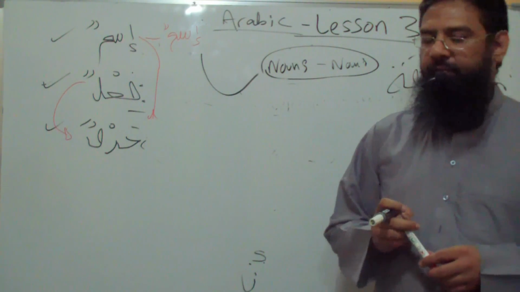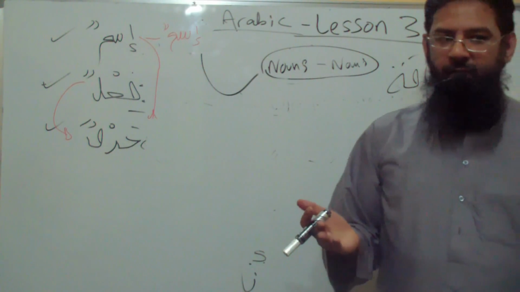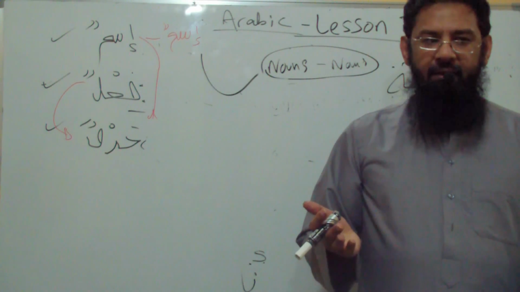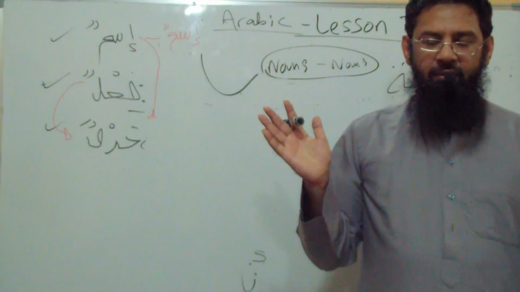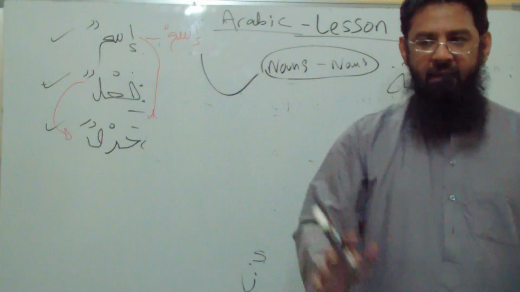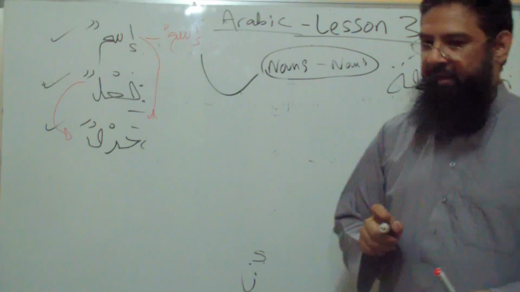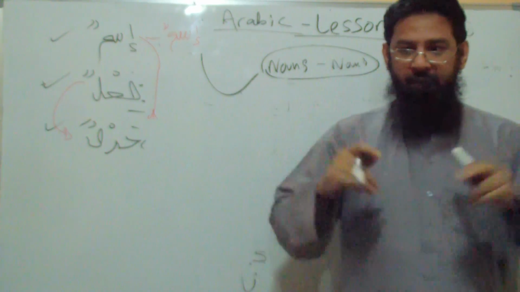No, al-kalam is what? An example of what? What type of noun? Definite noun. This is about definite and indefinite. I'm talking about noun to noun. Noun to noun means that you have two nouns together. Right?